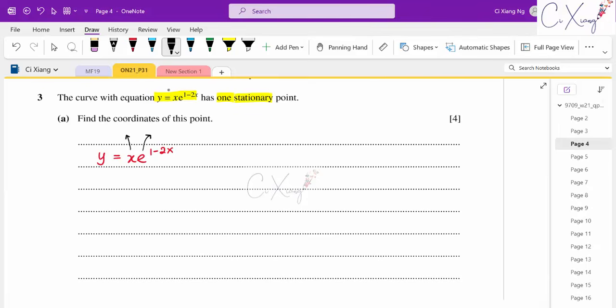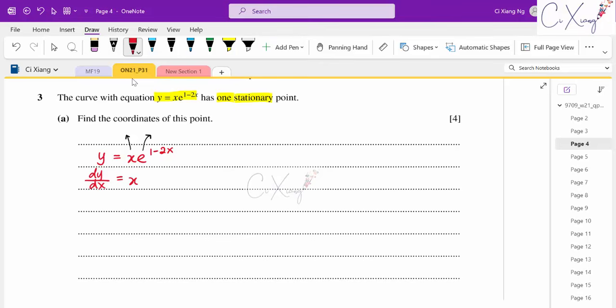For me, usually I won't refer to the formula. I will just remember the process. If I assume that x is the first bracket and e power 1 minus 2x is the second bracket, then the differentiation will be: copy the first bracket, differentiate the second, then plus differentiate the first bracket, copy the second. So to find dy/dx, I copy the first bracket, which is x, and differentiate the second.